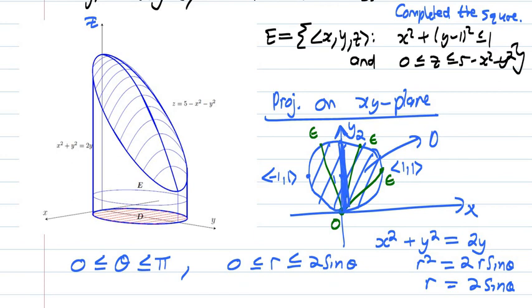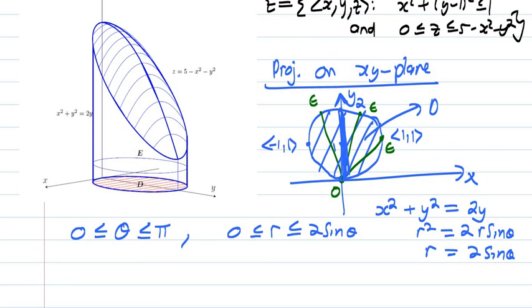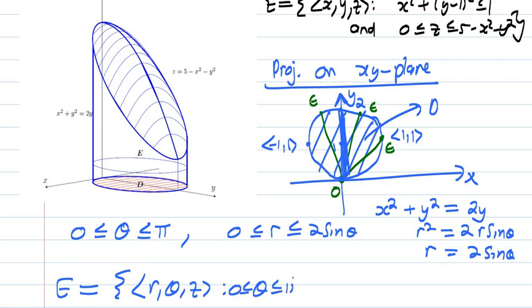All right. Now we're happy because now we can describe E using cylindrical coordinates. So we're going to say r, theta, z with the property that theta has to be between 0 and pi. It's in the first quadrant or the second quadrant. r is between 0 and 2 sine theta. And now we've got to say the z values.